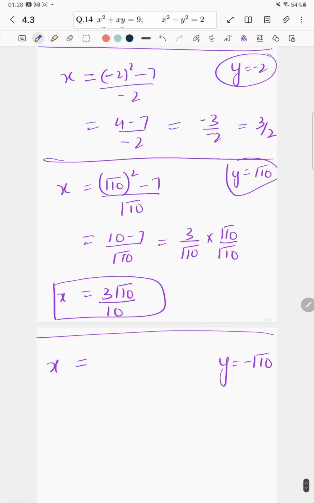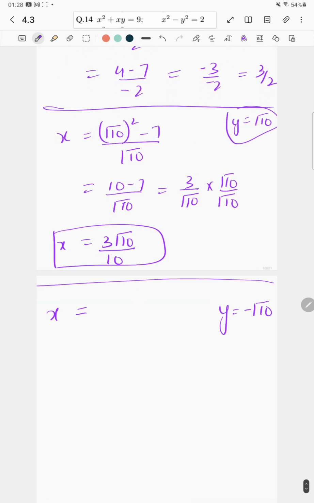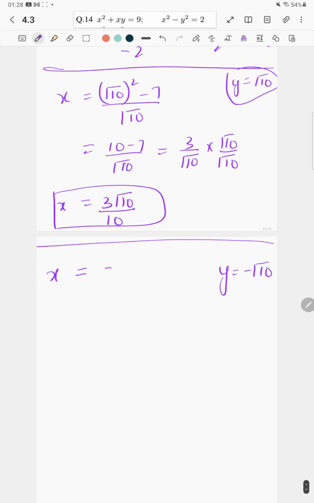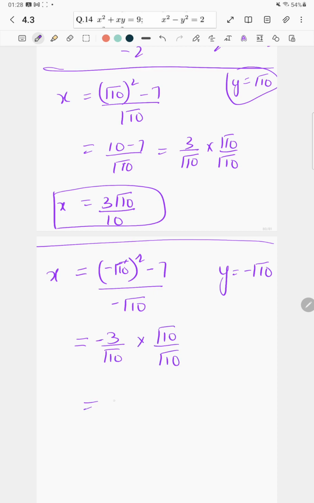And x would be equal to minus square root 10 square minus 7 over minus square root 10. So minus minus is positive. So 10 minus 7 is 3 over minus square root 10 multiplied by square root 10 divided by square root 10. So minus 3 square root 10 over 10.